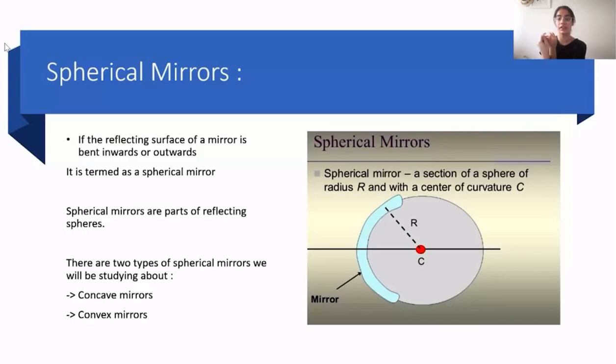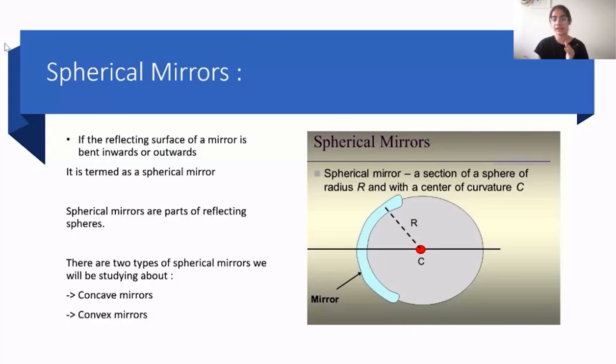This is a convex mirror. Both of these mirrors, be it concave or convex, can be formed from a reflecting sphere, which is totally reflecting in nature.